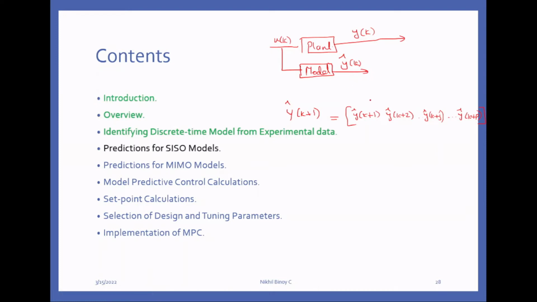Okay, now at the same time we can estimate the m manipulating variables including the current instant. So that is u of k, u of k minus 1, etc., up to u of k minus m plus 1. That is, from the current instant we can utilize m inputs.